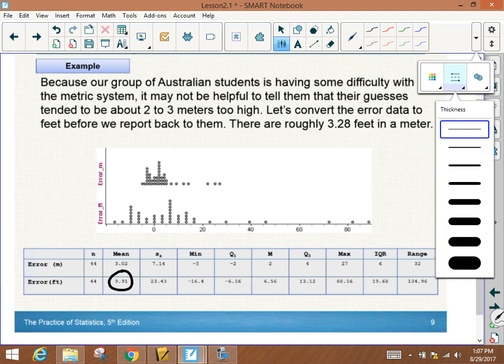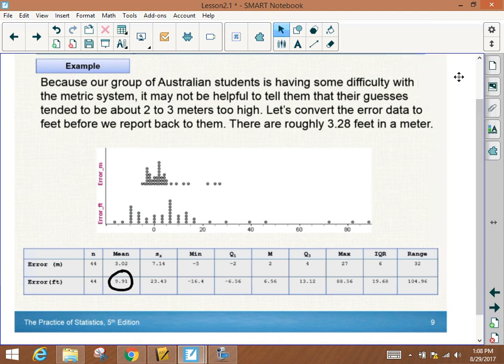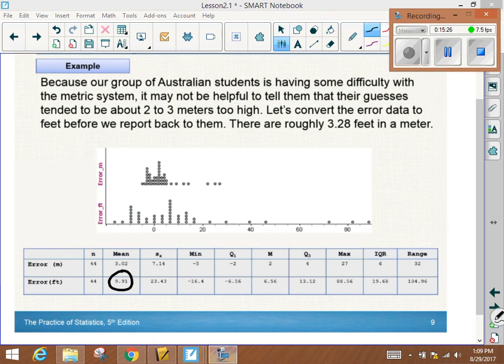We have an interesting thing going on here, though. When we're going to describe the shape of this, it looks like it's roughly symmetric. But we have something else going on here too.